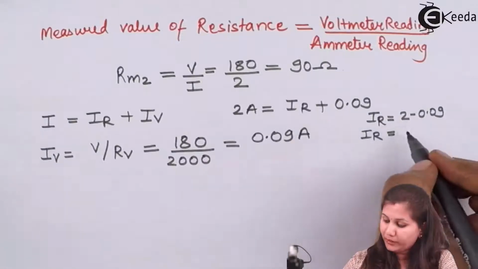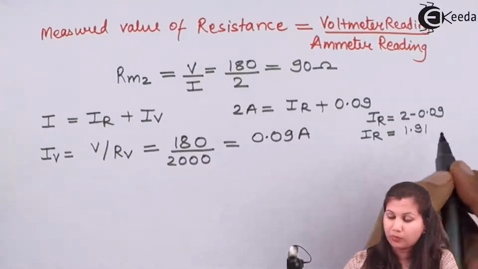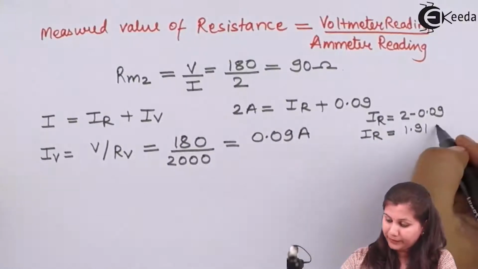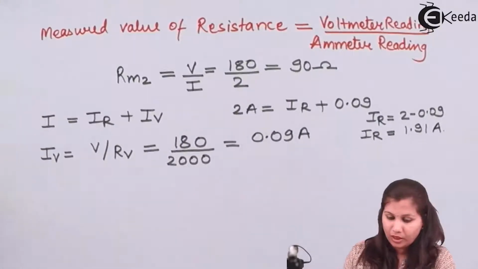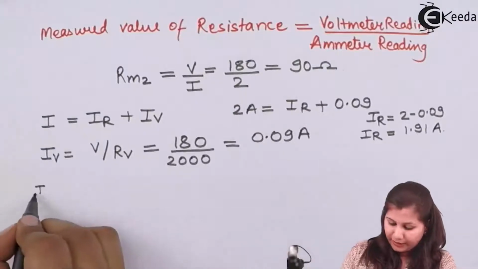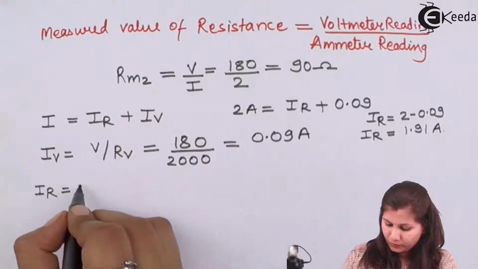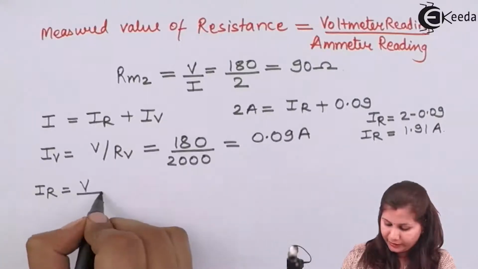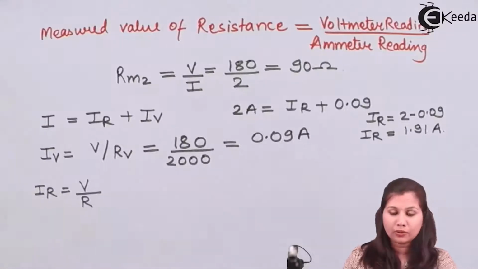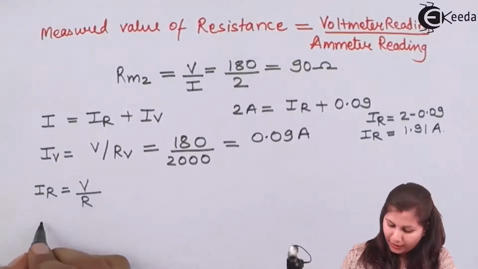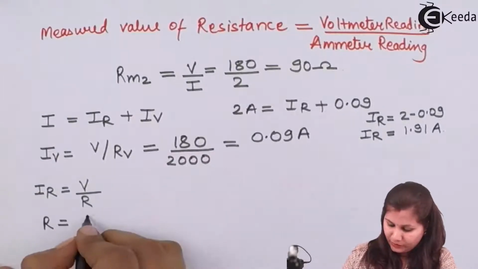It will come out to be 1.91 amperes. Now if we calculate here, IR will be equal to V divided by R. Okay, so R can be calculated as V upon IR.